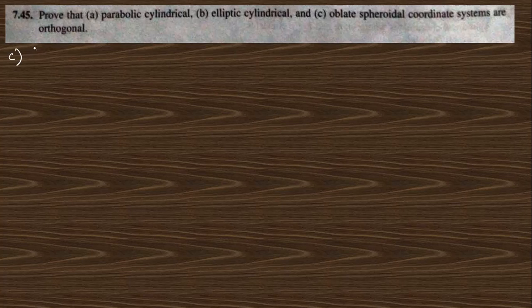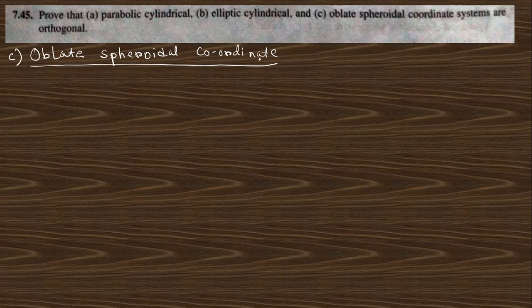Go to the next one, that is C, which is oblate spheroidal coordinates, right? Oblate spheroidal coordinate. This is denoted as xi, eta, and phi.